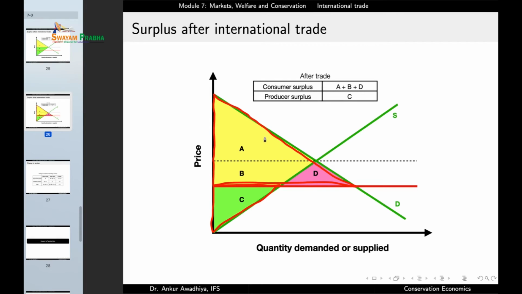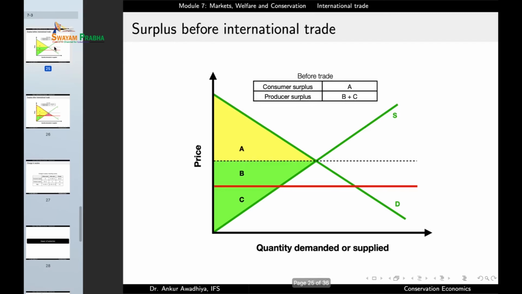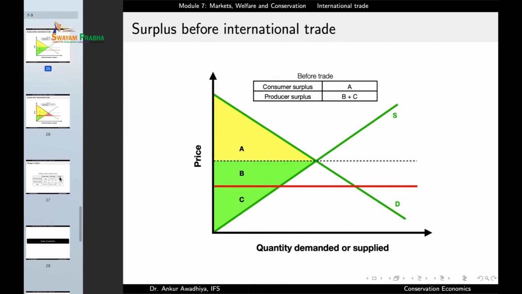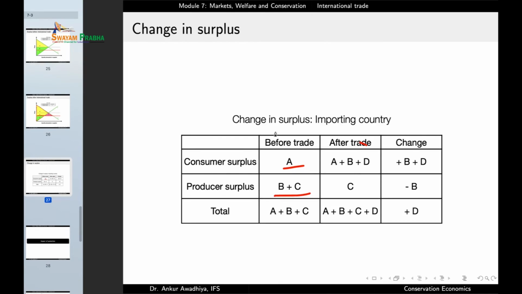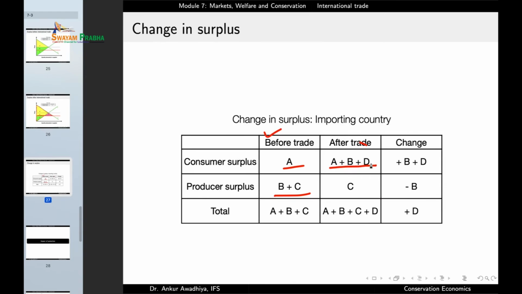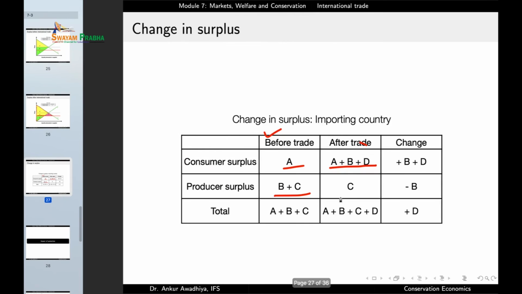So the consumer surplus now is A plus B plus D. If we make a table, before the trade we were having a consumer surplus of A and a producer surplus of B plus C. After the imports are permitted, the consumer surplus now is A plus B plus D, and the producer surplus is C.